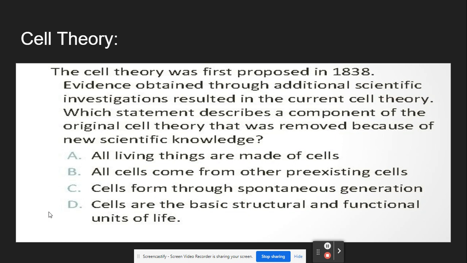C, cells form through spontaneous generation. And D, cells are the basic structure and functional units of life. So go ahead and think about that. You should have thought C, because A, B, and D are all current thoughts of the cell theory. So no longer do we think that cells just generate.